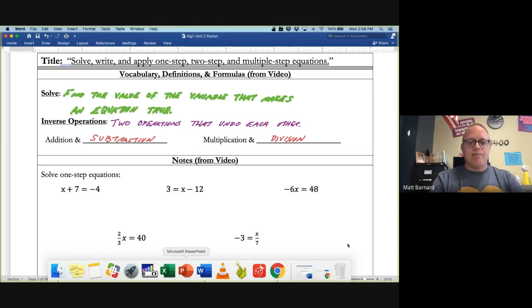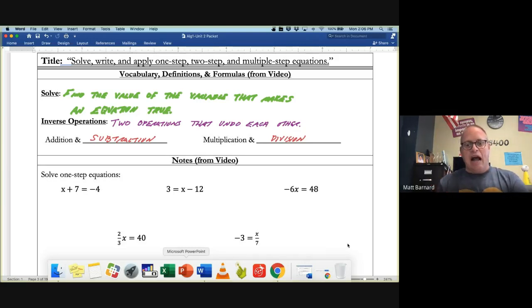All right, so let's take a look here at solving one-step equations, thinking about inverse operations. So right away here, we have an x, and we want to try to get that x by itself. So what we have is adding 7 to x, and we need to undo adding 7.